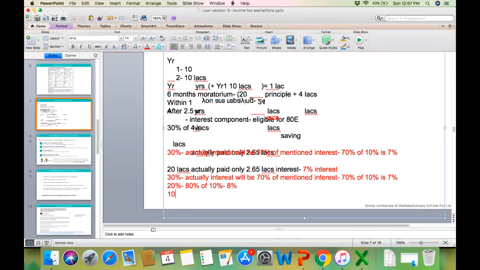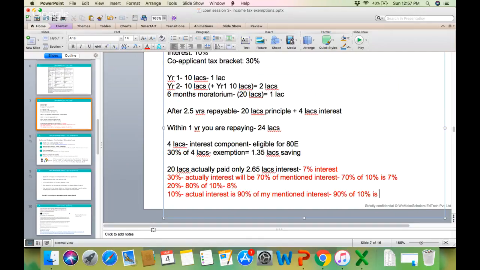If I am in the 10% income tax bracket, then my actual interest will be 90% of my mentioned interest. So 90% of 10% is 9%. I hope it is clear.